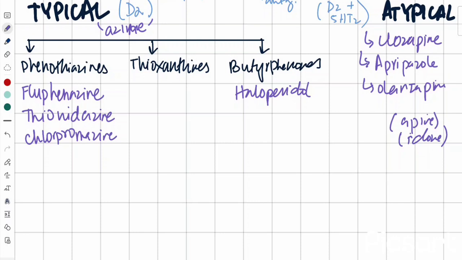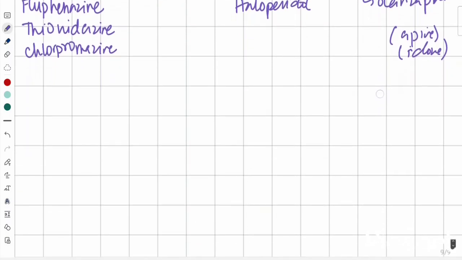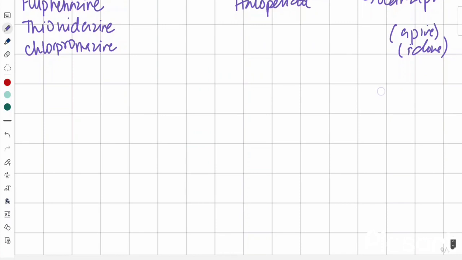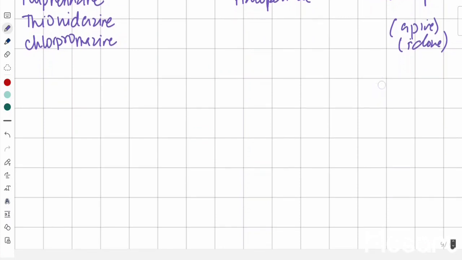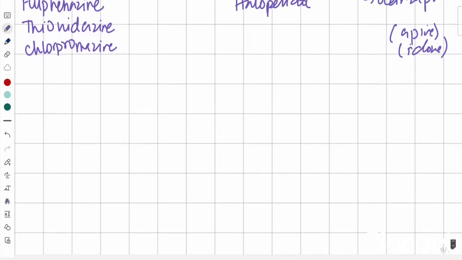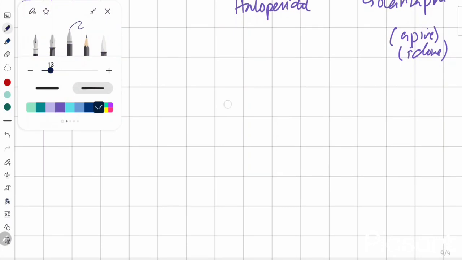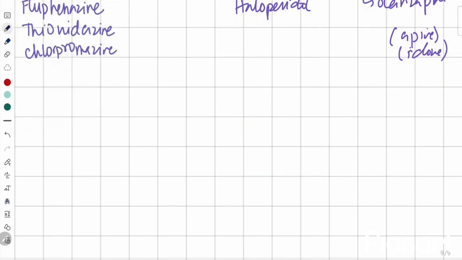Now, the clinical use is basically schizophrenia. It could also be for concomitant psychosis, such as in bipolar disorder. You can also give for Tourette's, Huntington's, and OCD. Now we do the adverse effects, which are a lot. The first we need to know is anti-HAM, that is a mnemonic.